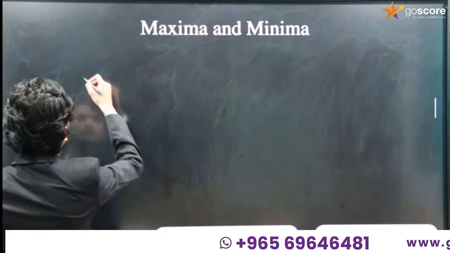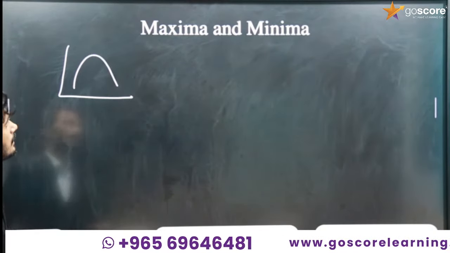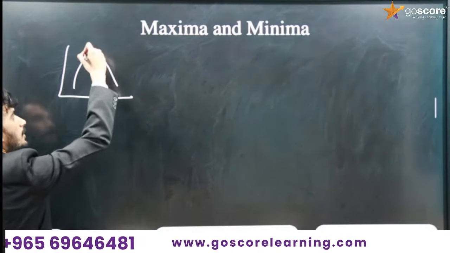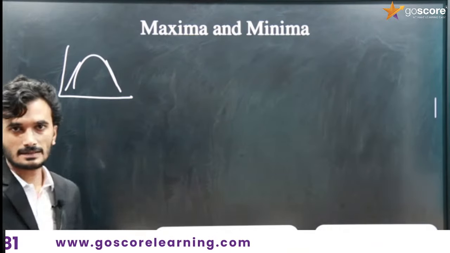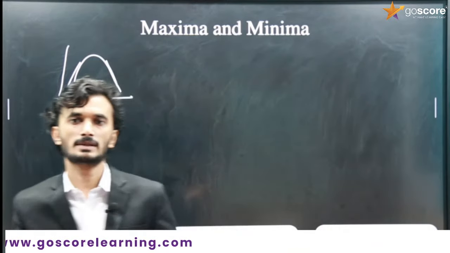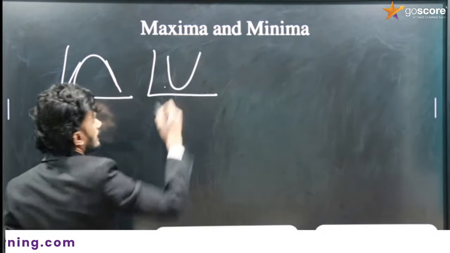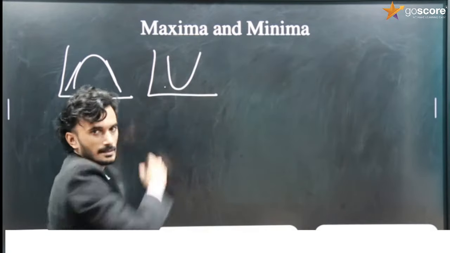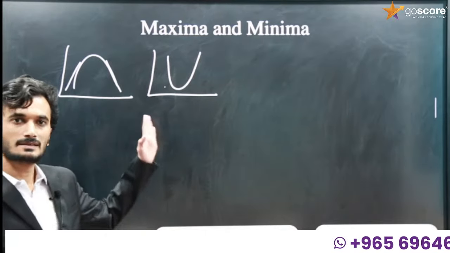In maxima minima, you can see I am drawing a function. Here the slope is positive, then the slope is negative. Then here the slope is negative, then the slope is positive in this graph.